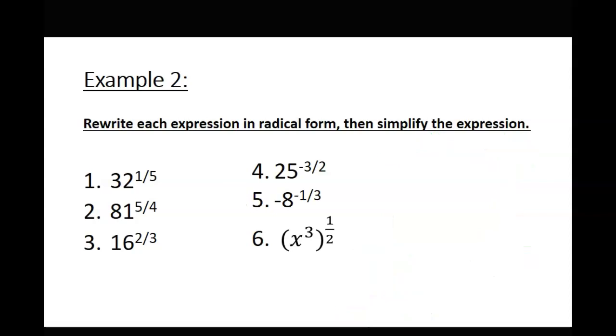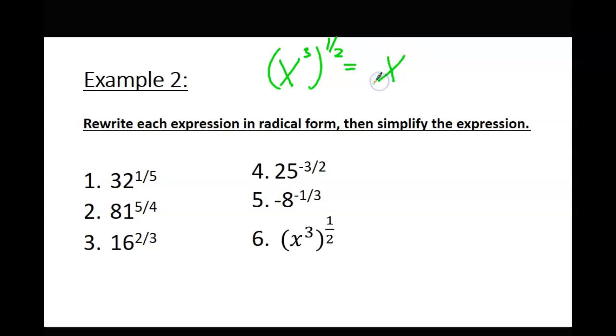Here we go. For number 6, we have x to the 3rd, raised to the half. Now we talked about this earlier today. When you have a power raised to a power, what do you do? You multiply.